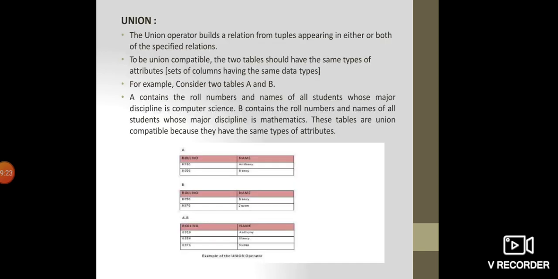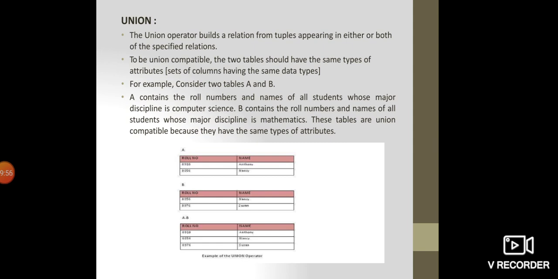Union operation. Union is an operator which builds a relation from tuples appearing in either or both of the specified relations. It will combine. Okay, to be union compatible, it should have the same type of attributes, sets of columns having the same data types, that is domain. For example, you're taking two tables, one is A, the other one is B. One is having the roll number and the names of all students whose major discipline is computer science.